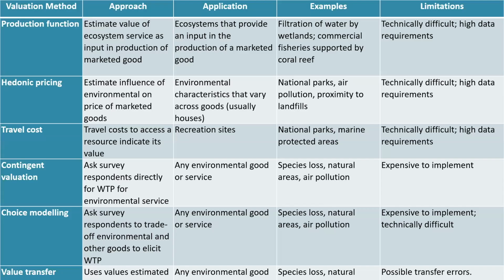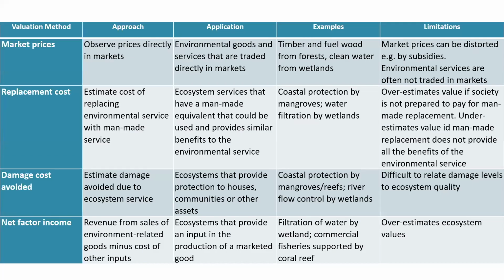One of the things I'd like to say before we move on is that each of these valuation methods can be grouped into about 3 categories. Direct market prices, as you see there, is a valuation method in its own category; it's unique.